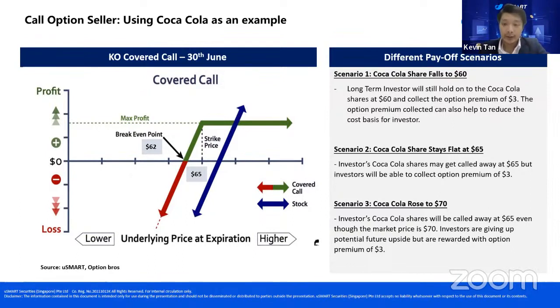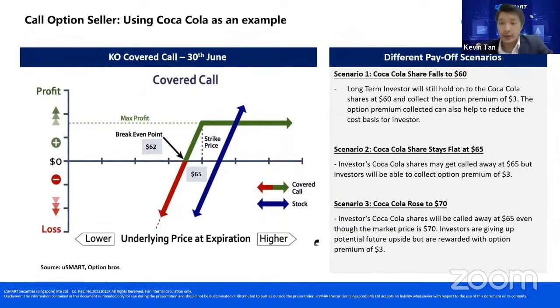Okay, so there may be different things that could happen during this 1 month period. One of the things that could happen, which is the first scenario, is what if you buy Coca-Cola shares, you sell a call option, and Coca-Cola share actually fell to $60? So what would happen?